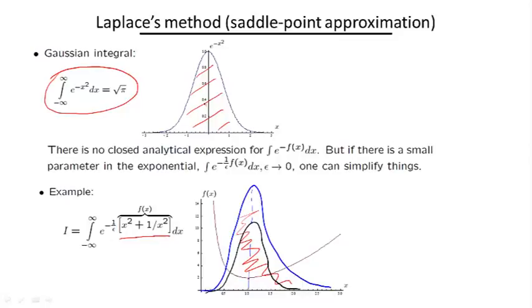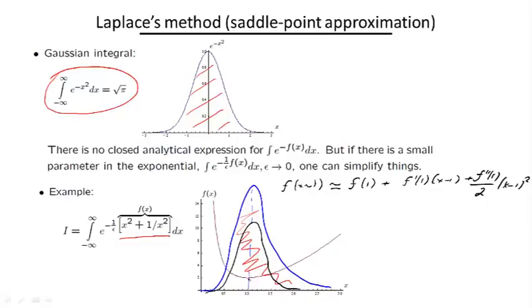The reason for that is that if I expand my function f of x in Taylor series in the vicinity of this point, x equals 1, I'm going to get the first term, which is just the value of my function at x equal 1, plus f prime at x equals 1 times (x minus 1), plus f double prime divided by 2 times (x minus 1) squared.